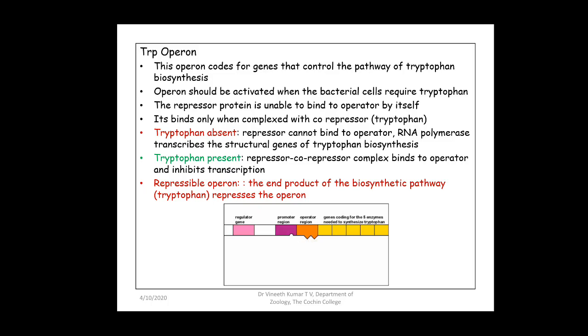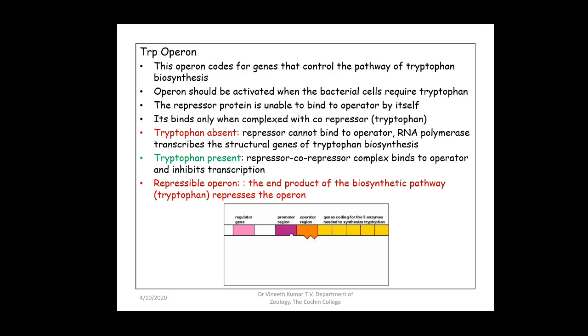Whenever tryptophan production exceeds what the bacterial cell needs, this excess tryptophan will act as the co-repressor. That goes and binds to the repressor. Now it represses the operon. That means whenever tryptophan production exceeds the bacterial cell requirement, the operon will be switched off.